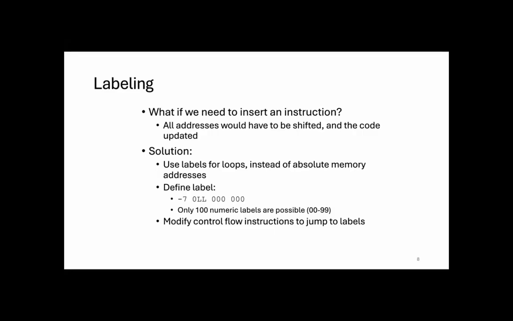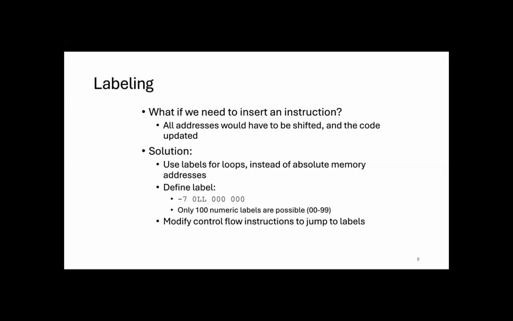If you remember from different programming principles, we want to remove tedious operations from the programmer. We also want to remove any error-prone operations. So a solution for that is that we can use labels for loops instead of using absolute memory addresses. Basically, we define a new operation, the -7 operation, which defines a label.